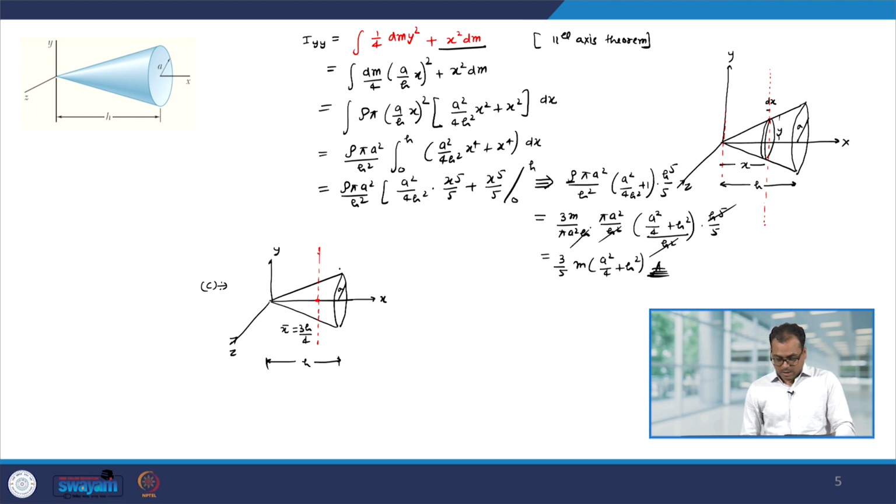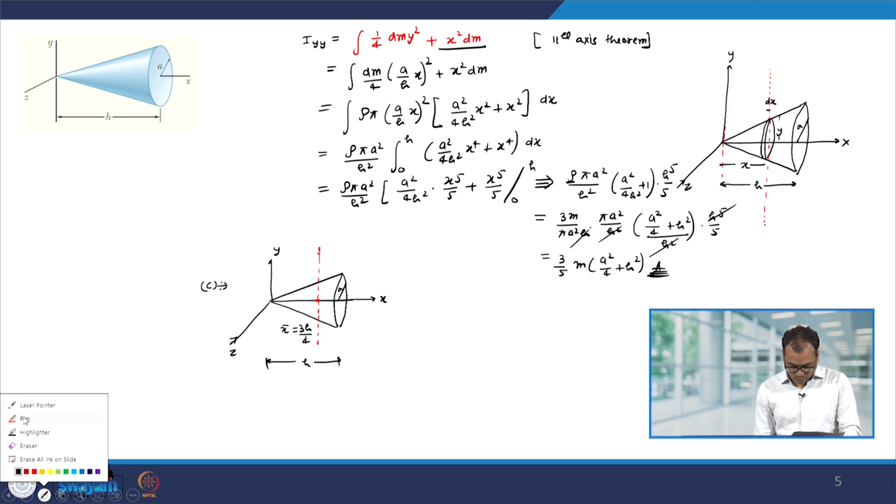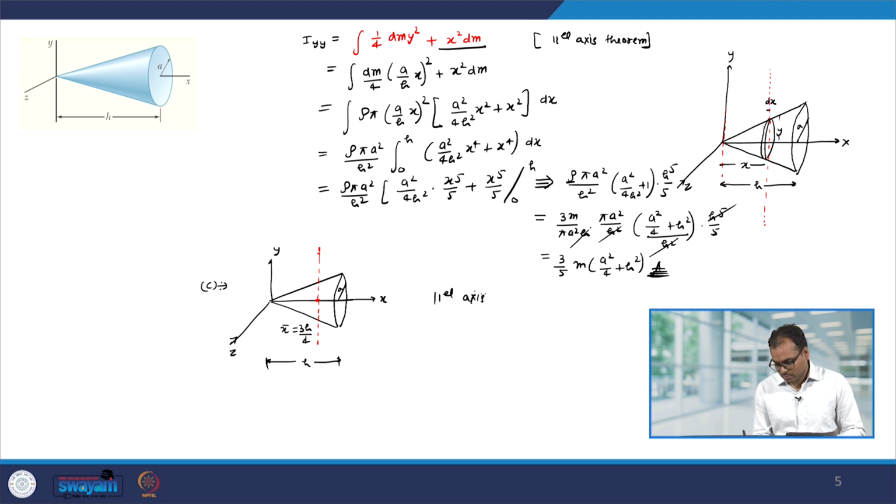Okay. Now, to find this moment of inertia, we can use the parallel axis theorem, because we have already calculated the moment of inertia about the y axis. So, the moment of inertia about the y axis is the moment of inertia about this red line, let us call it I y bar, plus m into the distance, x bar square. Okay. So, all of them we know. So, I y bar will be I y minus m x bar square.